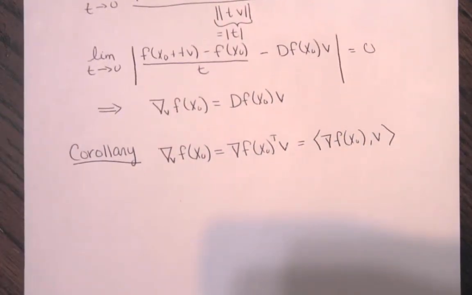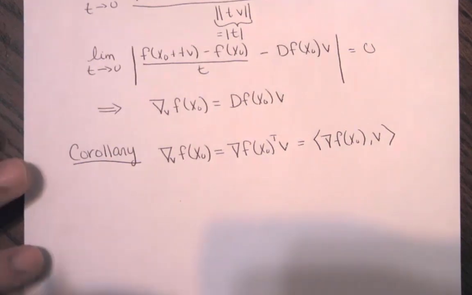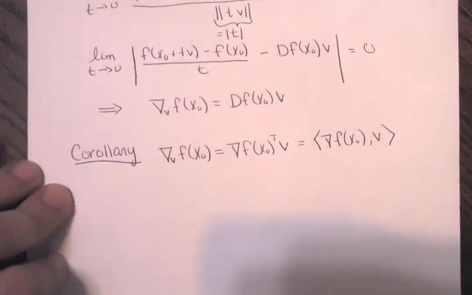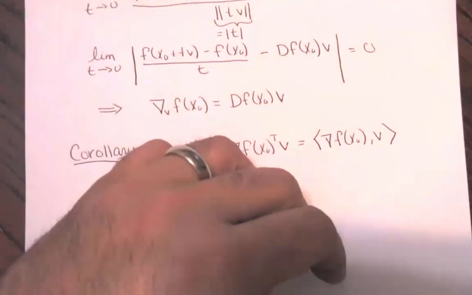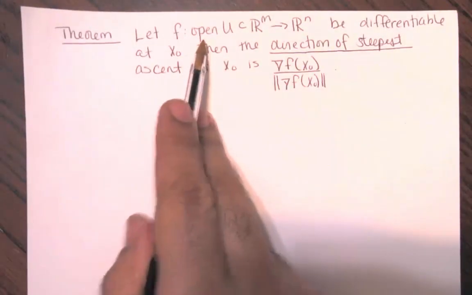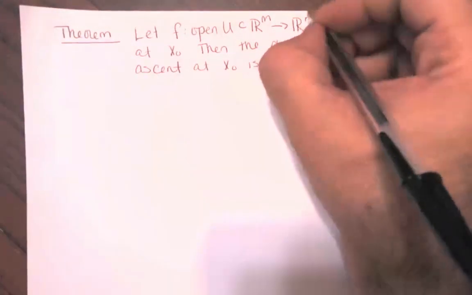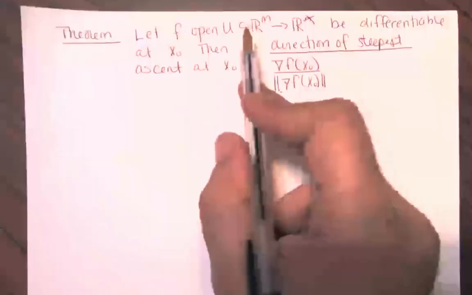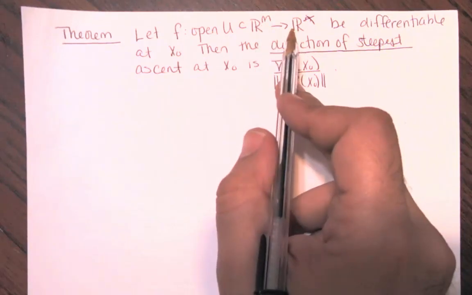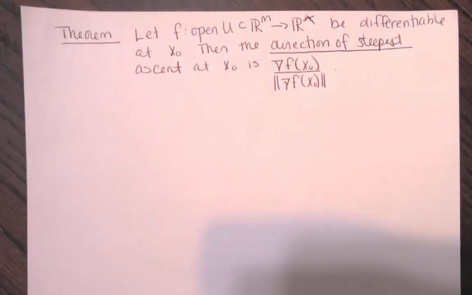Now, let's get one more result about this directional derivative. So let f map an open domain in Rm to R be differentiable.